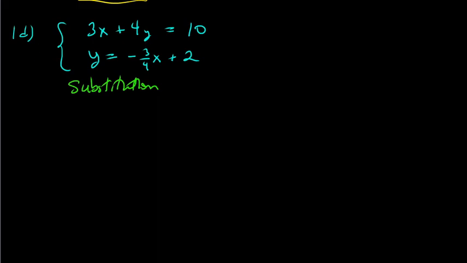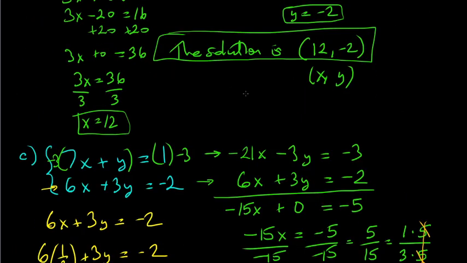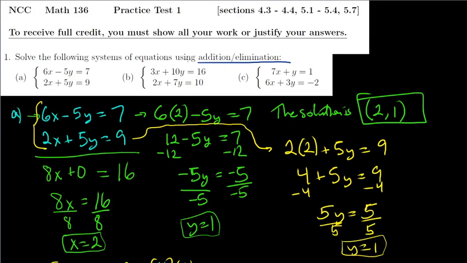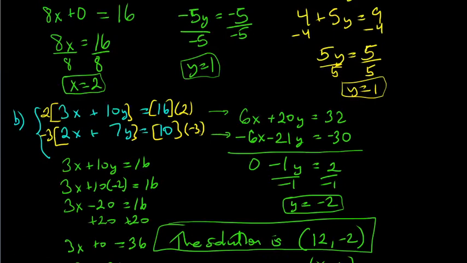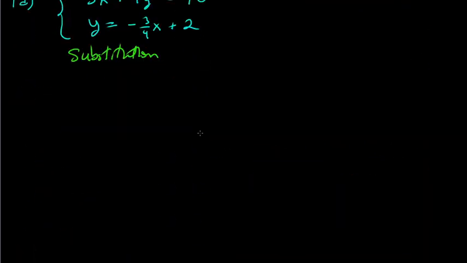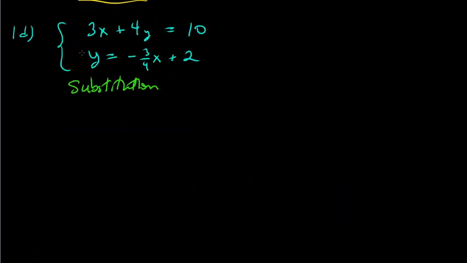You won't get full credit for it, but it's better than nothing. So lesson learned here, if you can't do it the way that they insist that you have to do it, using a certain method, you can use any method you want. However, don't expect to get full credit. You're going to lose points for not following the directions.